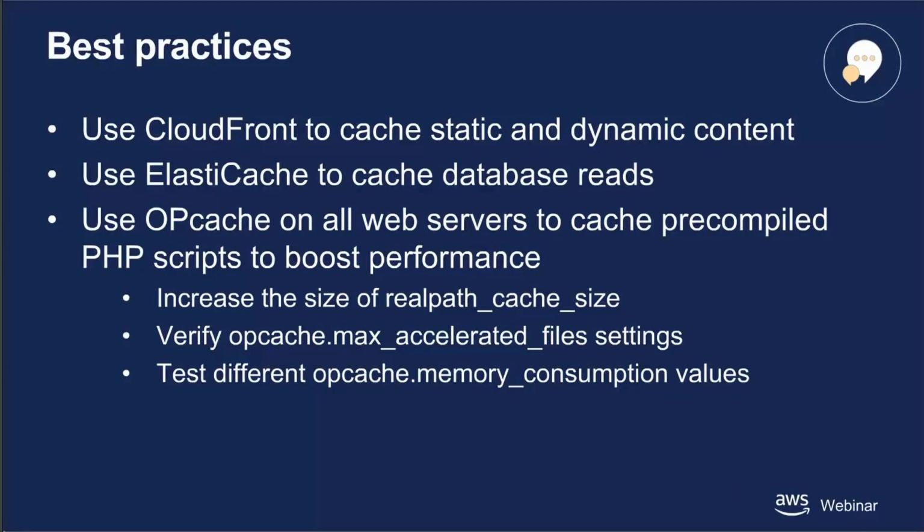Okay, well, first off, at a high level, remember, use CloudFront to cache that static and dynamic content. And secondly, make sure you use ElastiCache to cache your database reads. And of course, use OPcache on all your web servers to cache precompiled PHP scripts to boost performance.